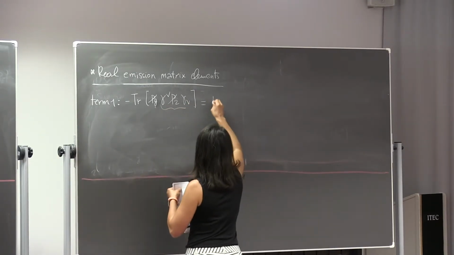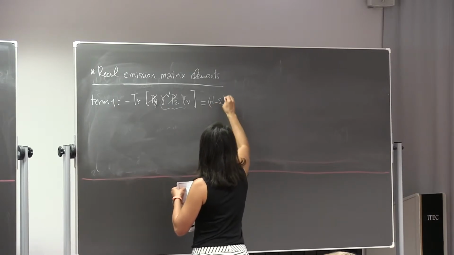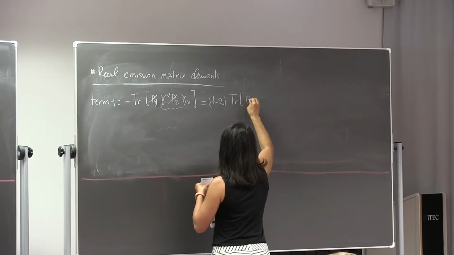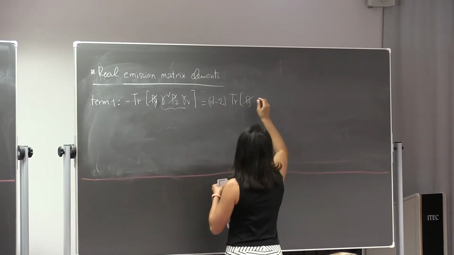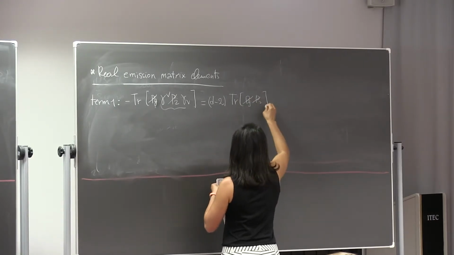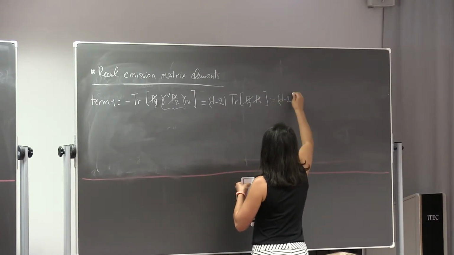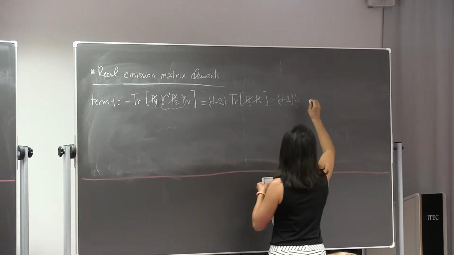So this becomes D minus 2 times the trace of PG slash times P2 slash, and this is simply D minus 2 times 4 P2 dot PG.